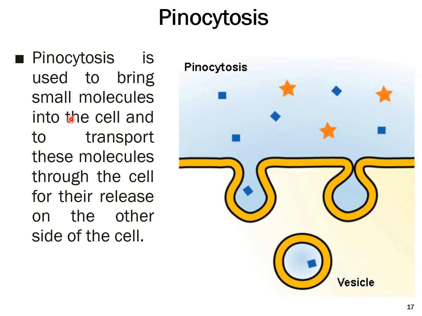Pinocytosis is used to bring small molecules into the cell and to transport these molecules through the cell for their release on the other side. You can see that these small liquid molecules come in contact with the membrane, and then the membrane makes an invagination around them, closes it into a vesicle, and releases that vesicle into the cell. That is how these liquid molecules are transported into the cell.